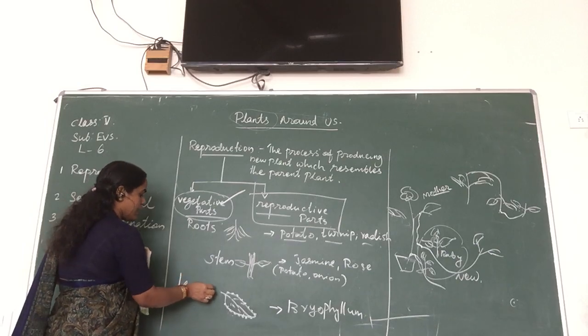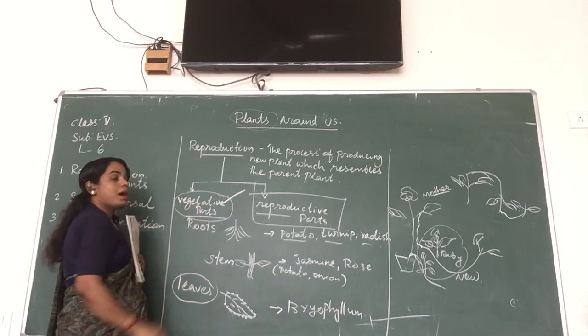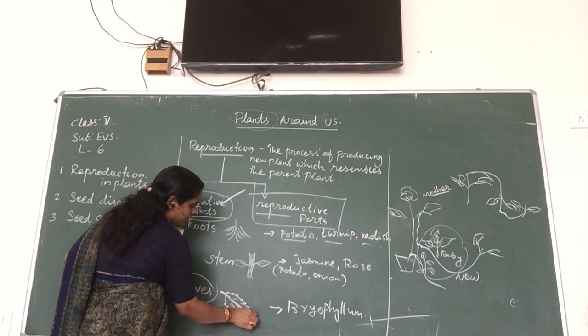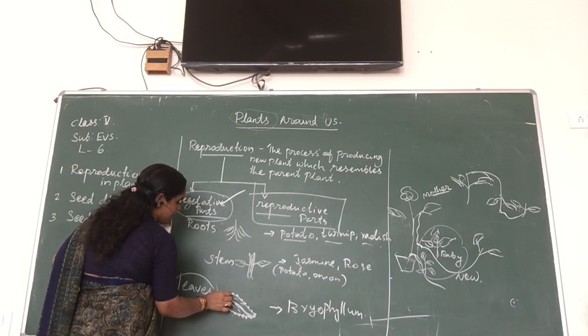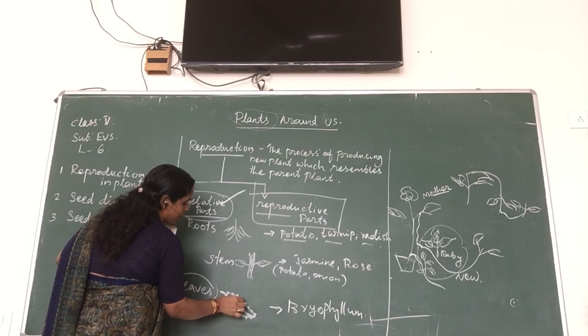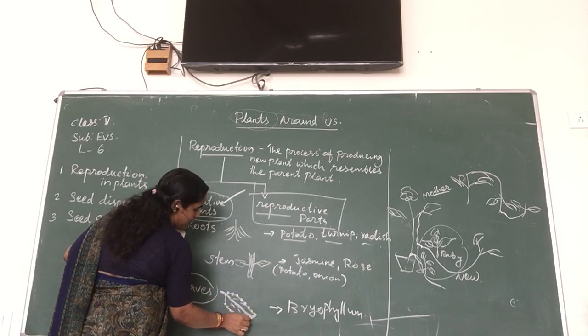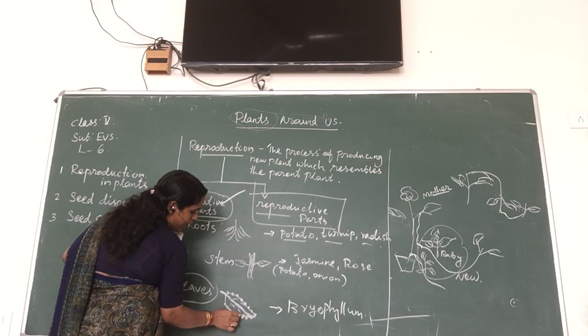The last one is the leaves. Leaves are a vegetative part of a plant. Some leaves have buds at the tip or the blade of the leaf.